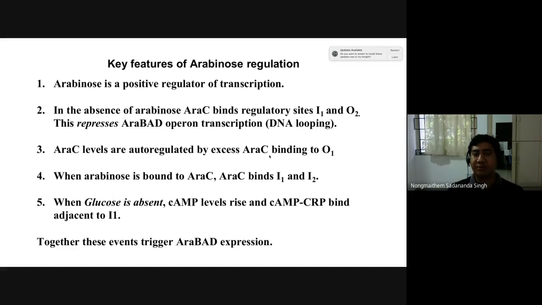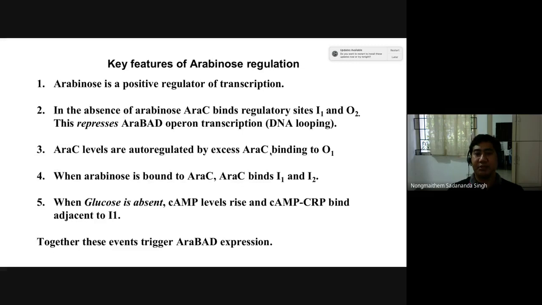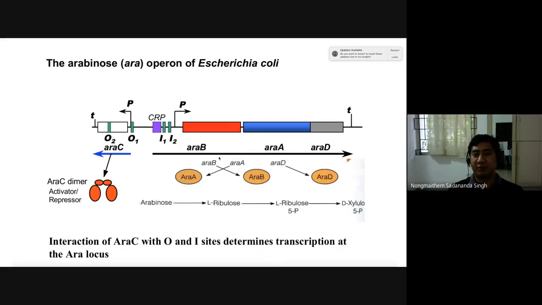So it allows proper regulation. If there is no arabinose, what will happen? AraC binds to O2 and I1 and doesn't allow the expression of the araBAD genes, which are required for the utilization of arabinose by the cell.